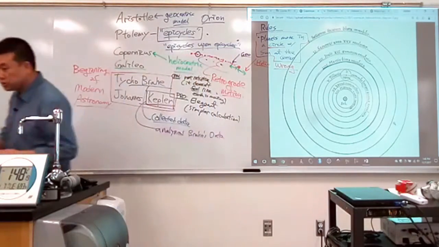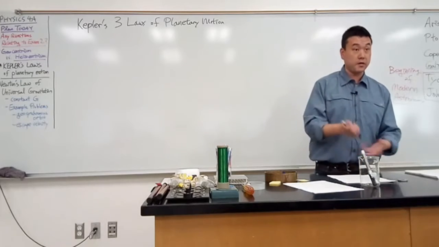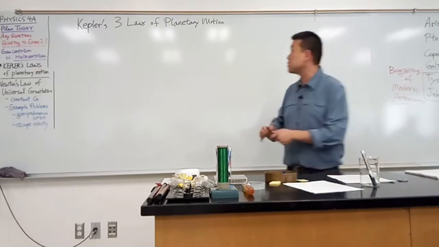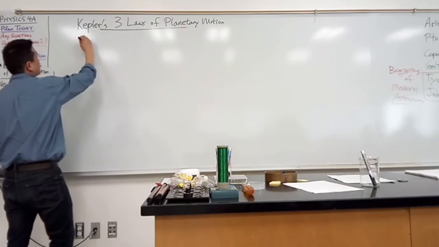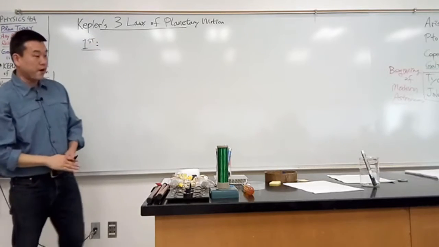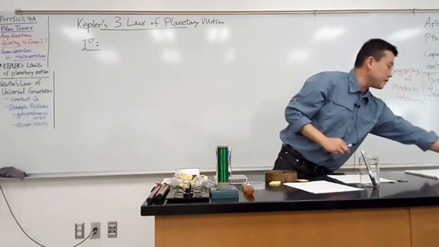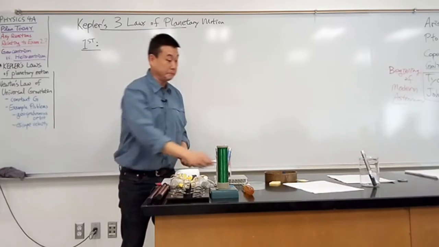So that brings us to Kepler's first law of planetary motion. So let me give you actual Kepler's laws. Kepler's first law of planetary motion is exactly the statement that contradicts what Copernicus was assuming, that they move in a circle.